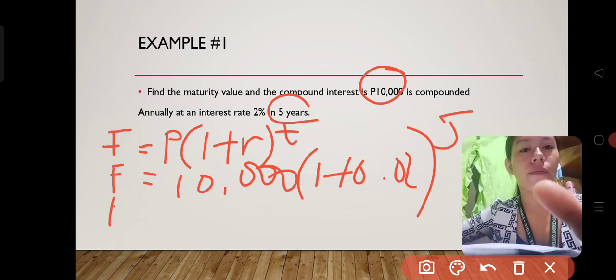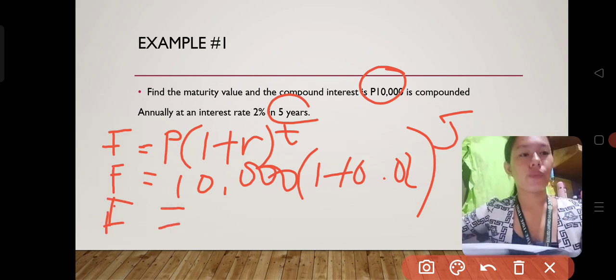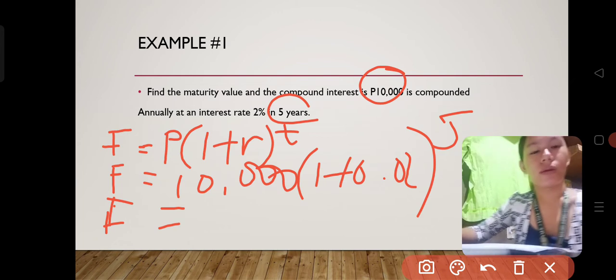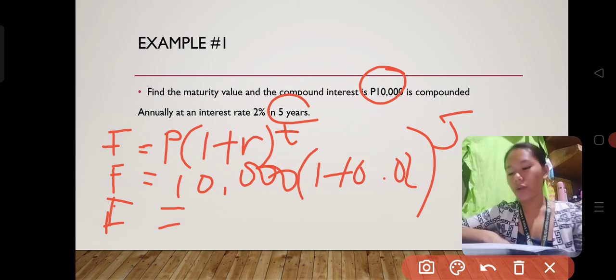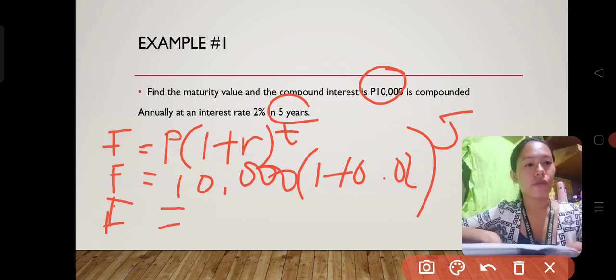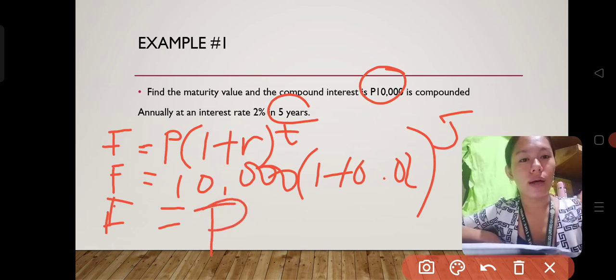Then F is equals to, so, calculate the answer. Bea, what is the answer? Okay, very good. The answer is 11,040 and 81 centavos.